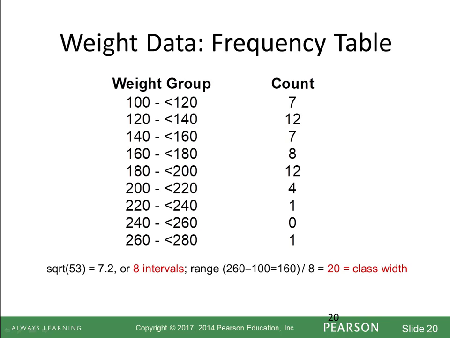And this will not be on any test that you do, but you take the number you have in your data set, do the square root, round it up to the nearest whole number. So we want to have 8 intervals. We look at the range from 260 to 100, which is 160, divided by 8, and we get 20. So that's how they came upon the class width of 20 pounds. It works kind of nice, all right?